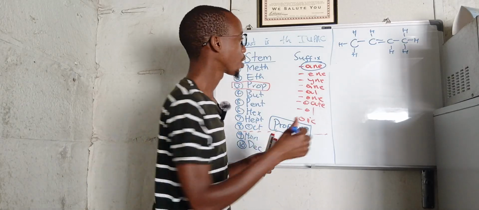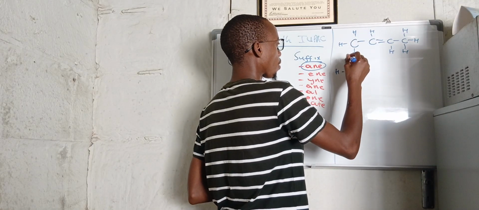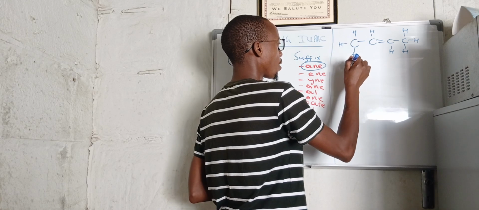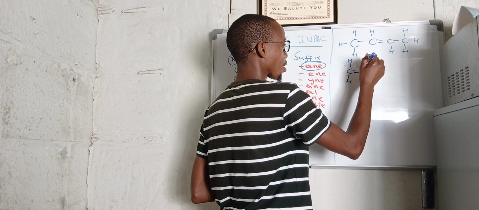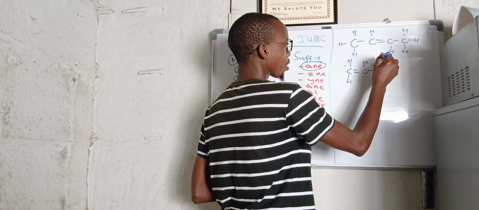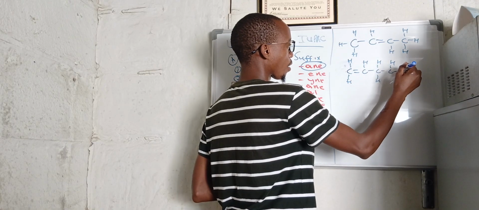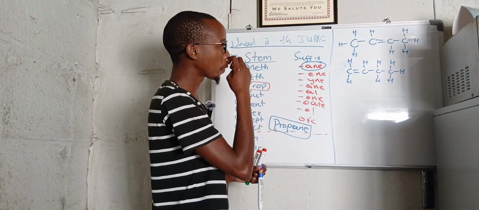Let me draw another structure of alkene. I just want to emphasize some important aspects, because it is very important to be able to understand them as we start. Cool. Now we have two structures.